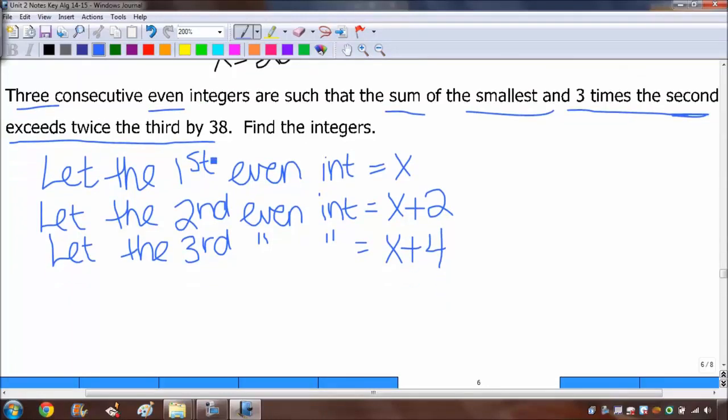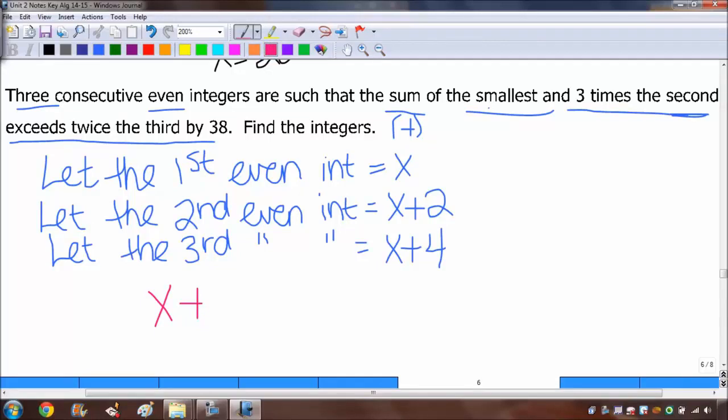So now I'm going to write my equation. 3 consecutive even integers are such that the sum, which means to add, of the smallest, so I'm going to start by taking the smallest number, and I'm going to add 3 times the second.